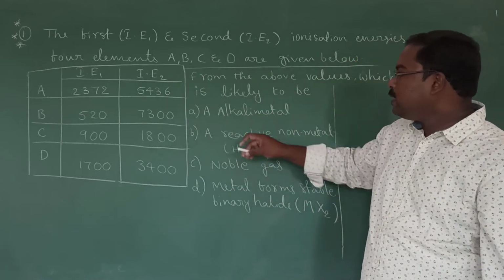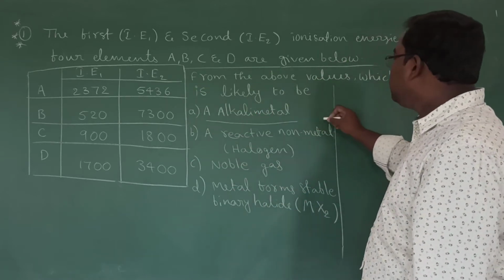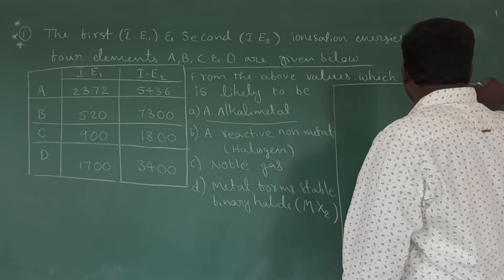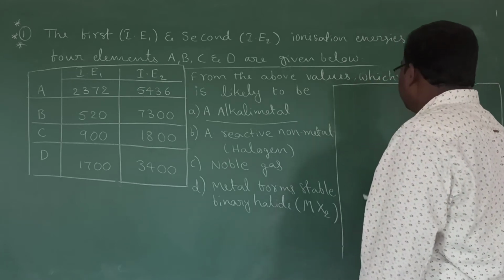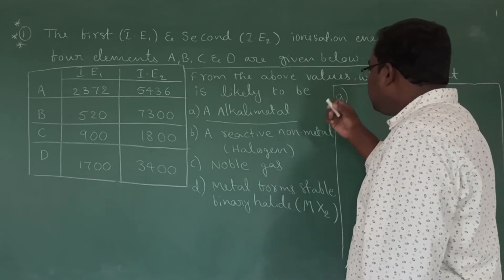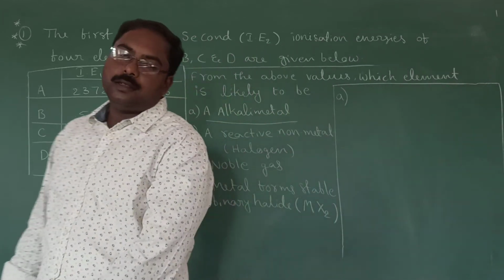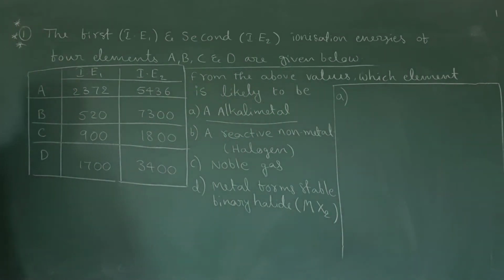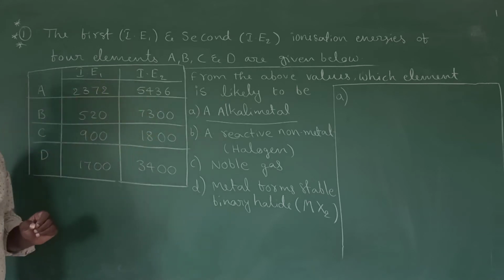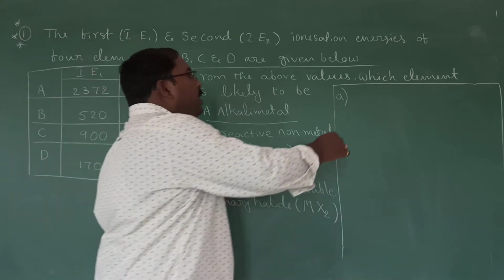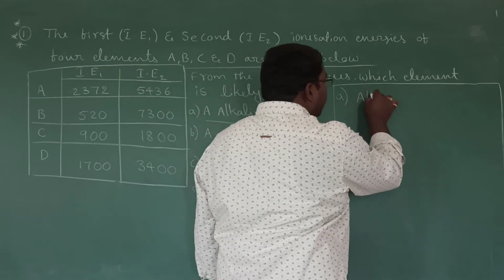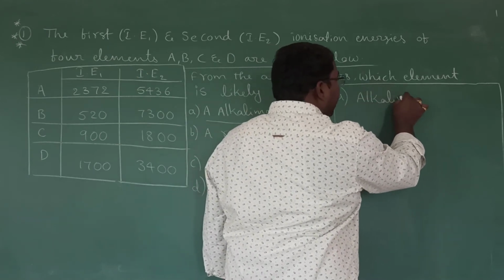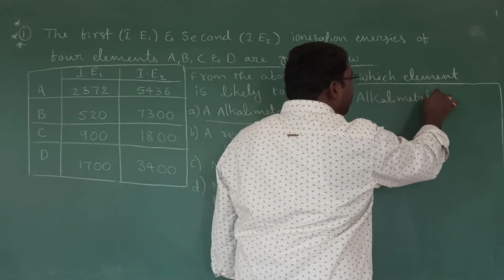So the first question is, which is the alkali metal? Our task is, out of A, B, C, D, to find which one is the alkali metal. What do we know about alkali metals? Which group?